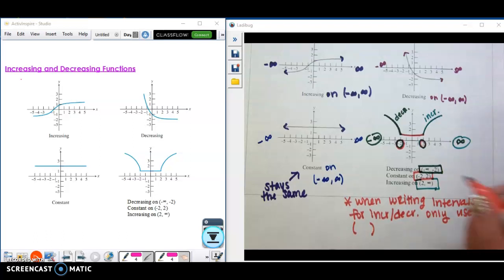So no brackets. And make sure you always go from left to right. Increasing, decreasing, constant, they could all be on one graph. The whole graph might be doing one of them. Just make sure you're using x values and make sure you're using those parentheses.